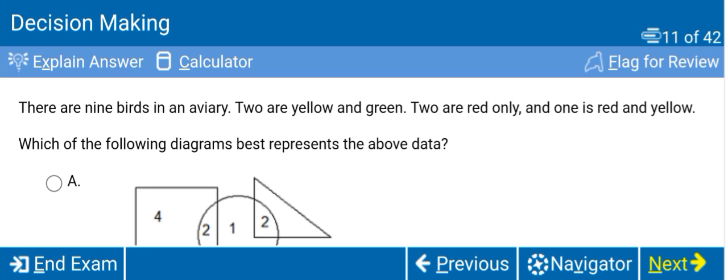Which of the following diagrams best represents the above data? So now we have these diagrams in the form of options, and we have to select the one correct option with the best diagram that suits the information given above.